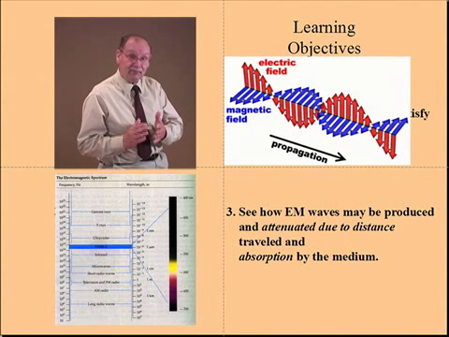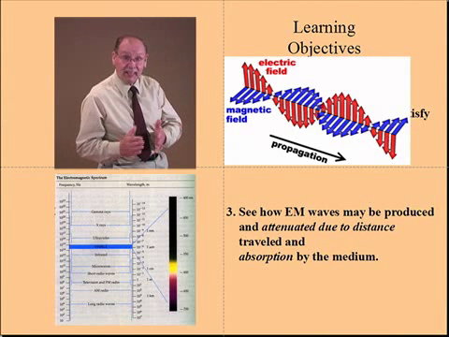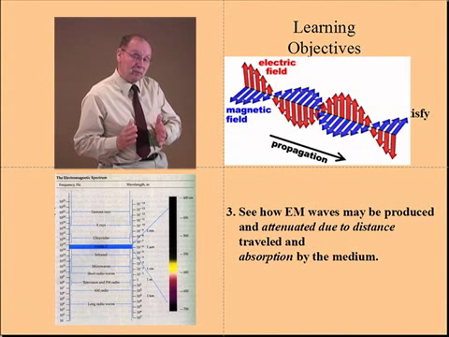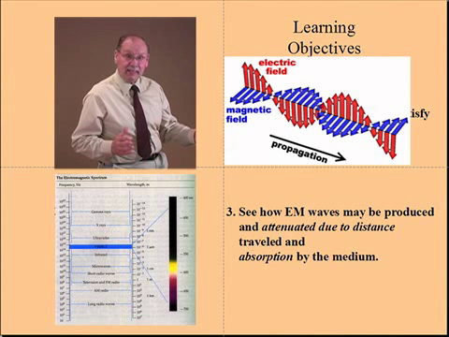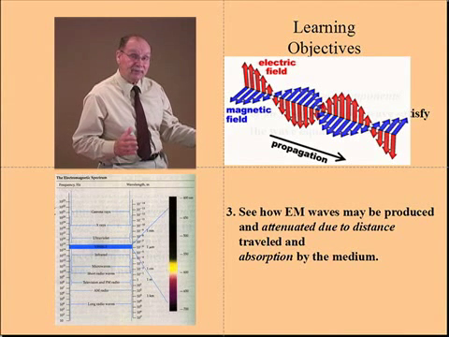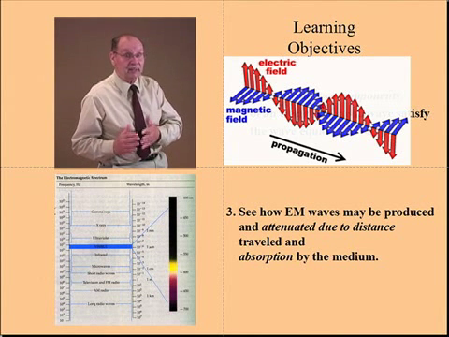You will see that the visible part of the spectrum that we use to see with is a very small part, and the electromagnetic spectrum goes from wavelengths of kilometers or tens of kilometers, radio waves, right up to very short X-rays and much shorter gamma rays.